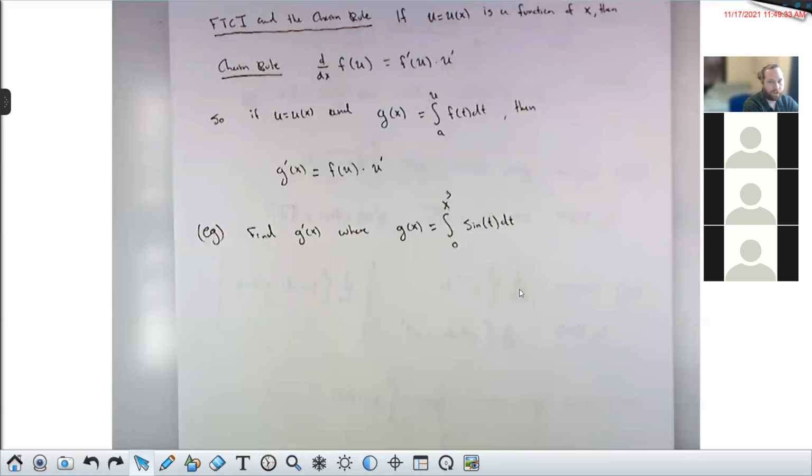So I can try to calculate g primed, where g is the integral from 0 to x cubed of sine t dt. So here, remember the integral is the outer function, right? So if I were to differentiate this with respect to u, I would just get little f of u.